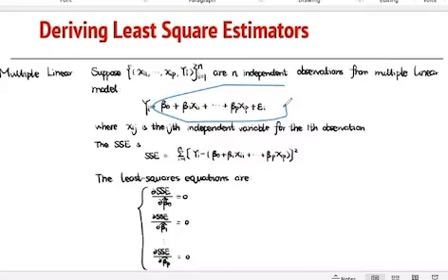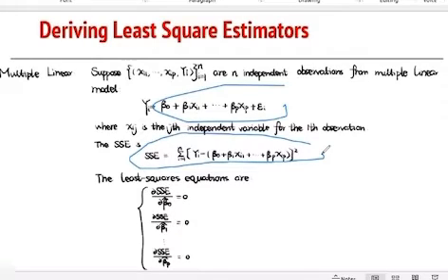Now, if I want to go by scalar, what we did the other time, this is going to be the sum of square error, right? And in this sum of square error, you want to find beta naught, beta one, beta two, up to, let's say for instance, you have like 10 independent variables.